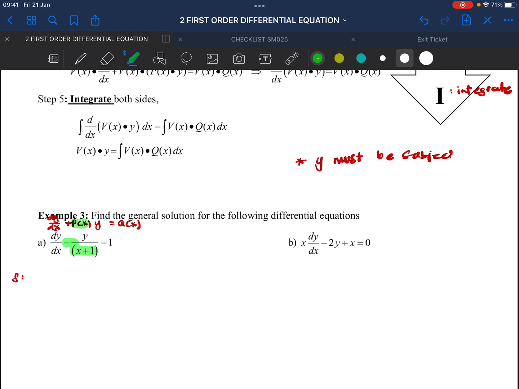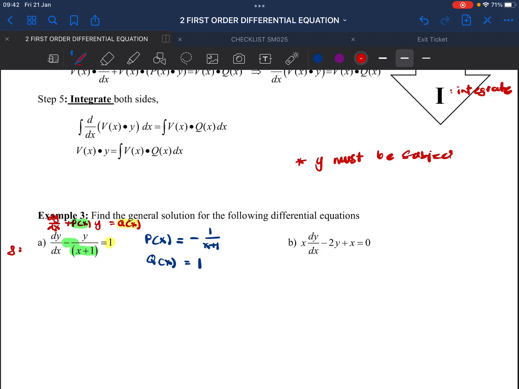Negatif tu kena masukkan sekali sebab dalam standard form kita ialah plus. And our Q(x) is the right hand side, which is 1. Make sure you state this first so it is easier for you. That is the first step: simplify and make sure to keluarkan kita punya P(x) and Q(x).